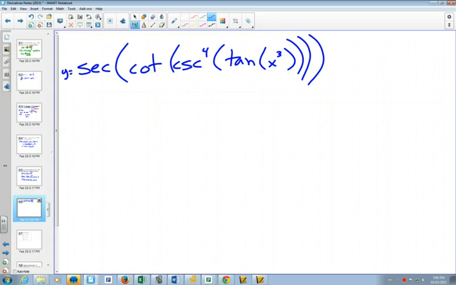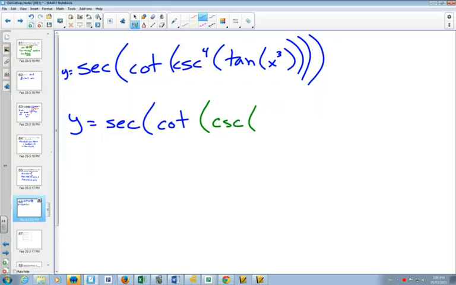Because this 4 is going to confuse us being in there, let's write secant, bracket, cotangent, bracket, cosecant, bracket. Oh, I'm going to go back to blue here. Tan x cubed, bracket, green bracket to the 4.